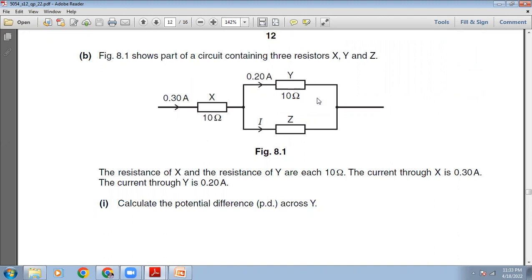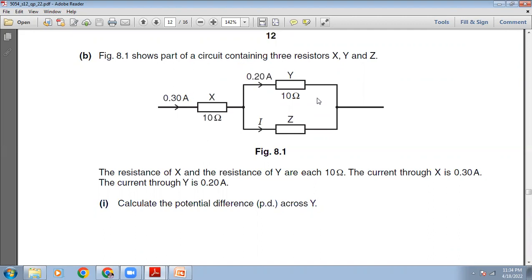So it means the voltage drop will be the same in Y and in Z. The current flowing through Y is 0.2 ampere, which is 2 times the current flowing through Z, which is 0.1 ampere. You see, V equals IR.